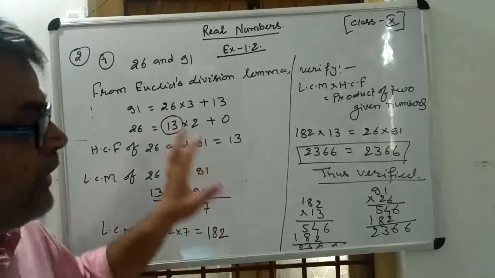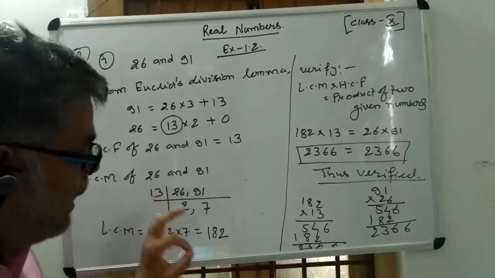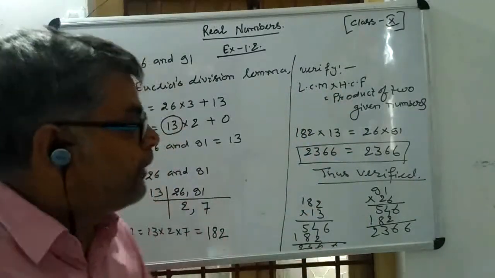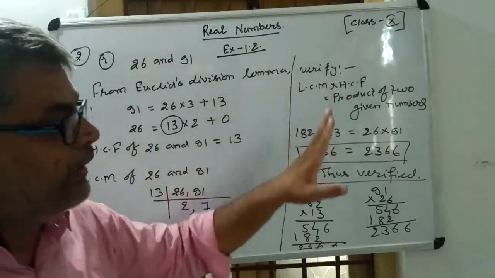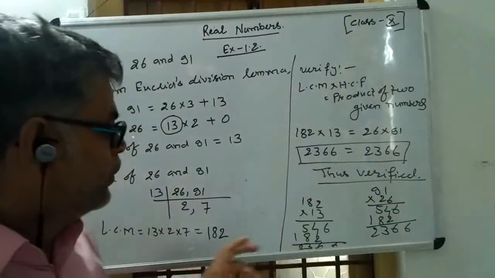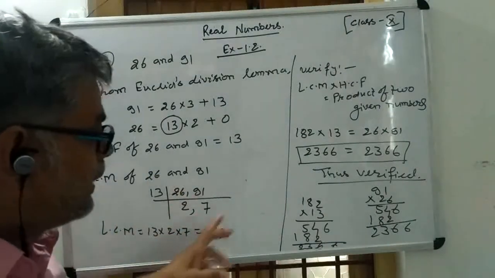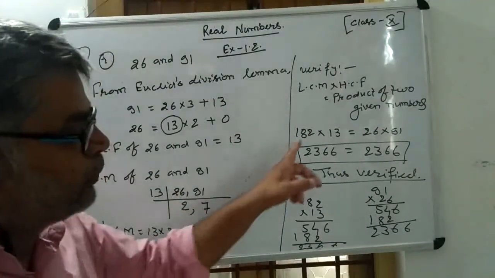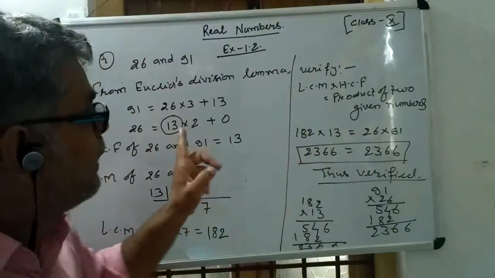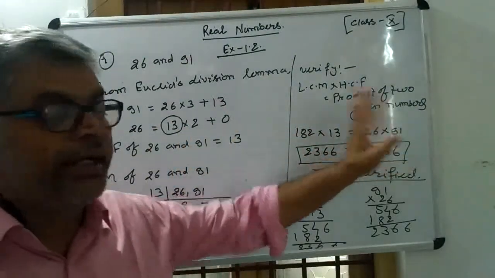After getting the HCF and LCM, we need to verify that the product of HCF into LCM equals the product of the two numbers. Our HCF was 13 and LCM was 182, so we multiplied 182 and 13, and the two given numbers were 26 and 91.